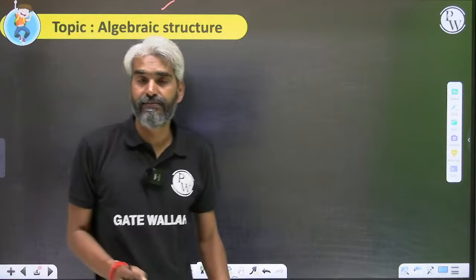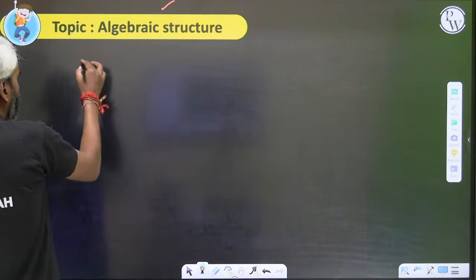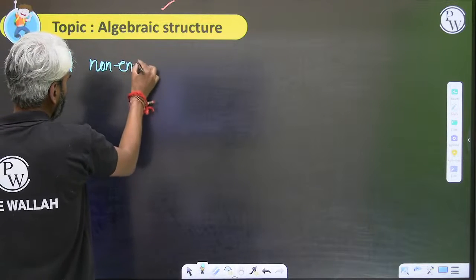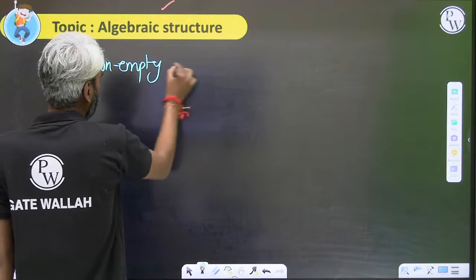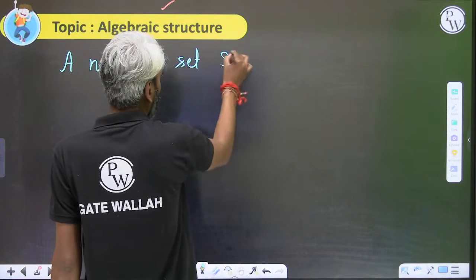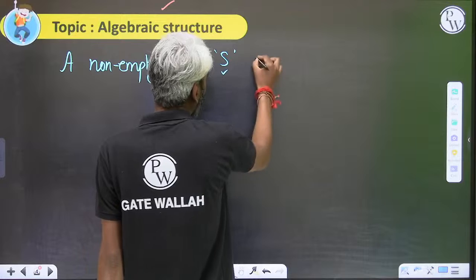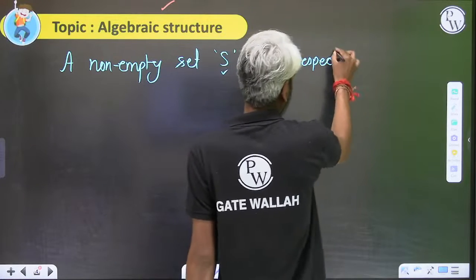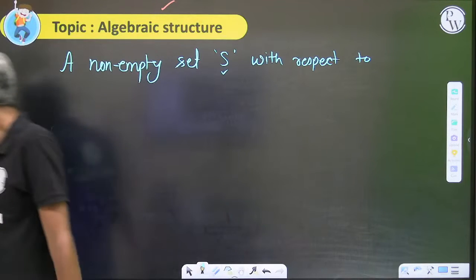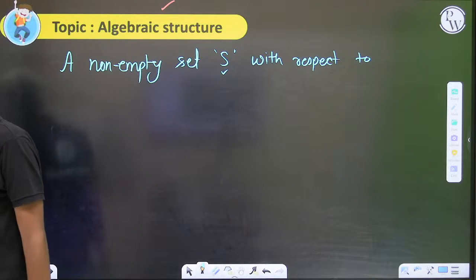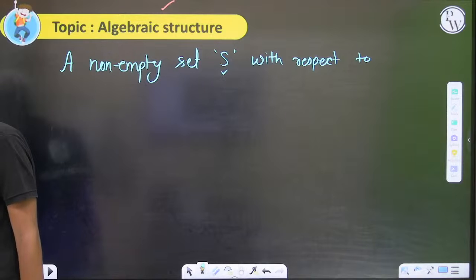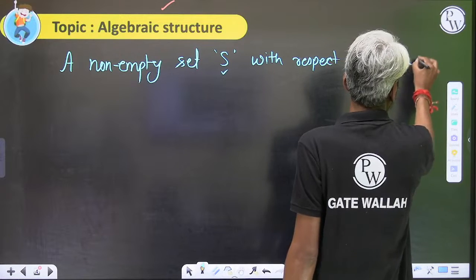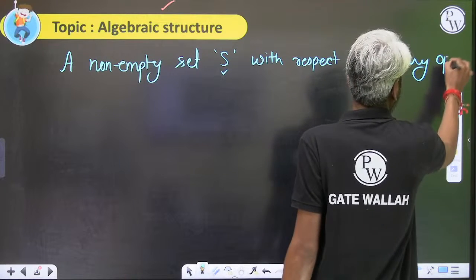The idea is you should have a non-empty set S with respect to a binary operation asterisk.